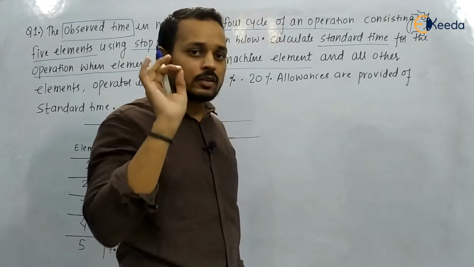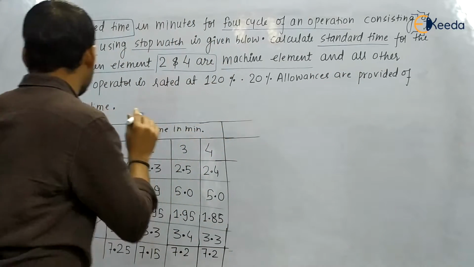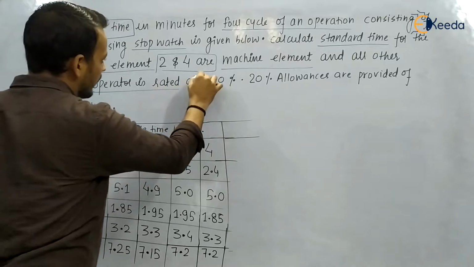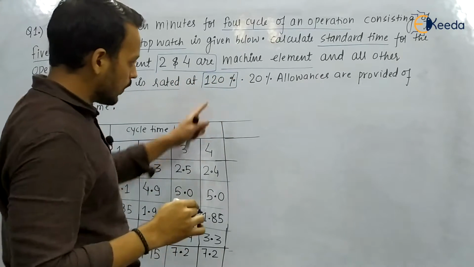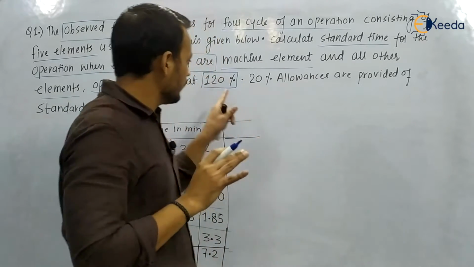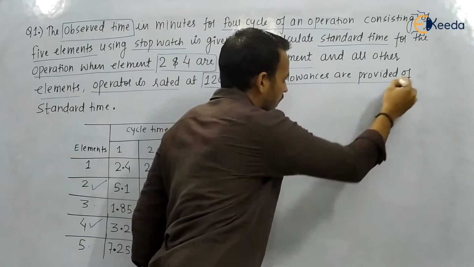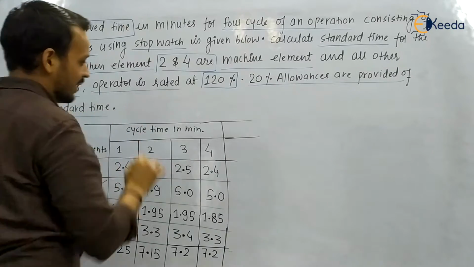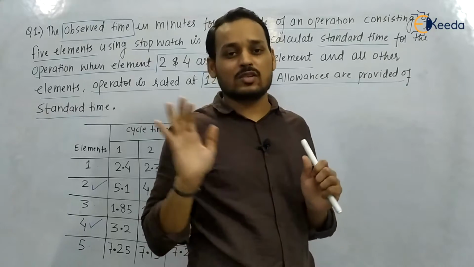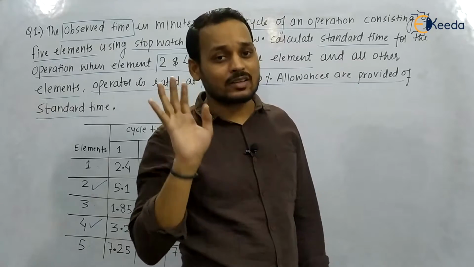For all other elements, that is 1, 3 and 5, the operator is rated at 120%. This is the performance rating of the manually operated elements. And 20% allowance is provided of the standard time. Here allowance is given, but we have to consider it on the standard time, so we will write allowance is 20% of the standard time.